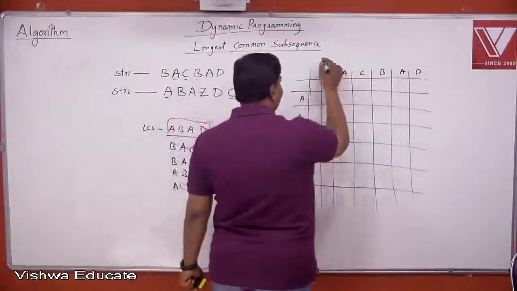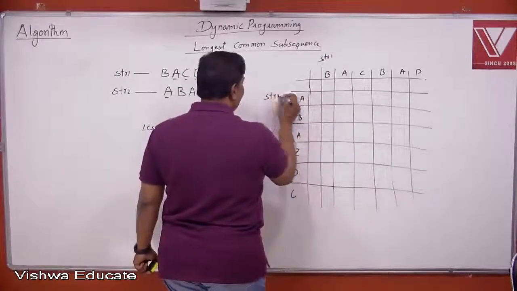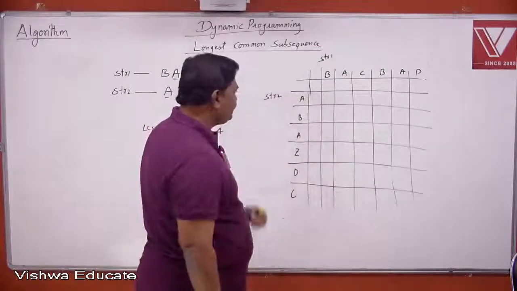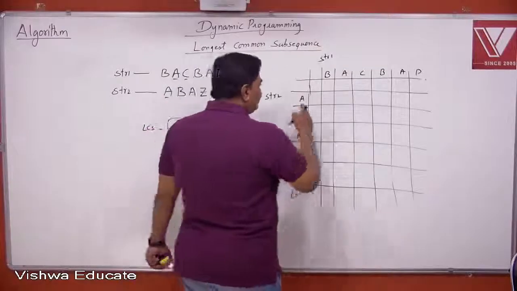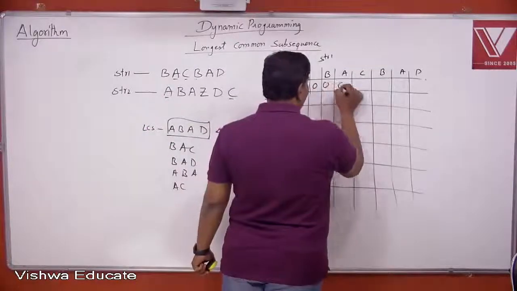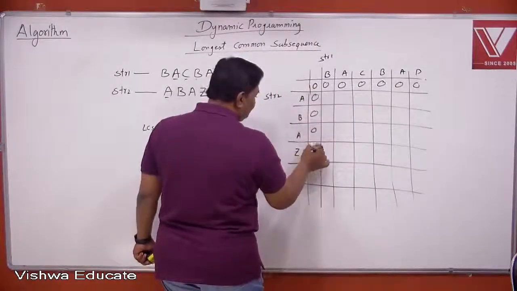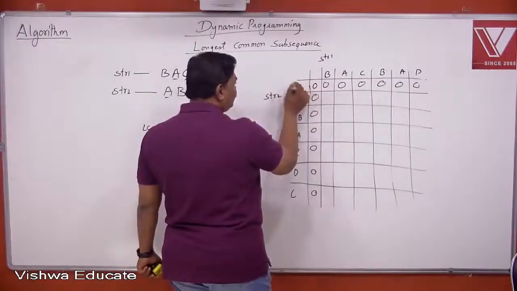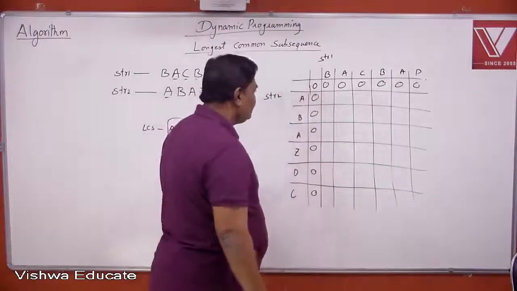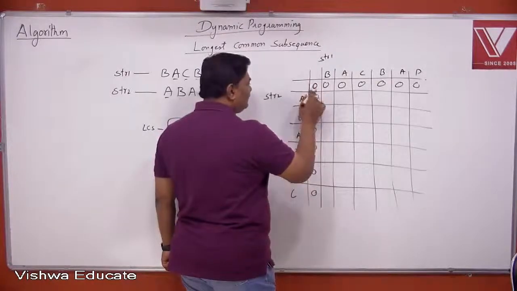This is string 1 and this is string 2. Whichever side you want, you can take it, no problem. Now this is the 0th index, so first mark the first row as all 0 and the first column also 0. The first row and first column are not labeled with anything.